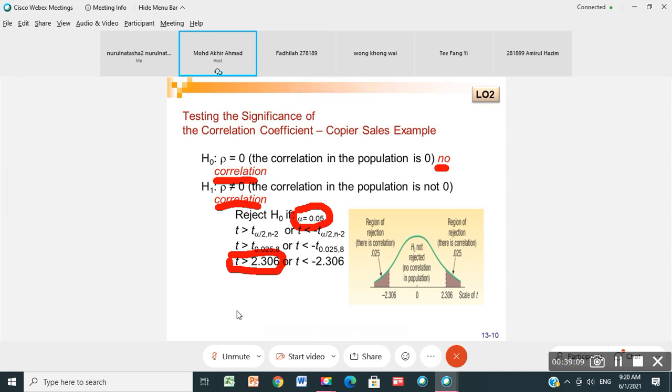Then we have the critical value here, plus minus the value.